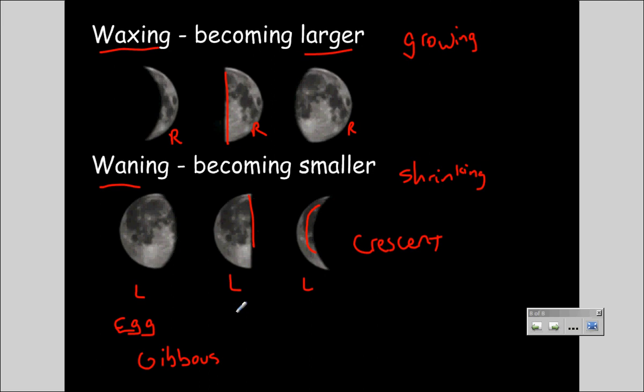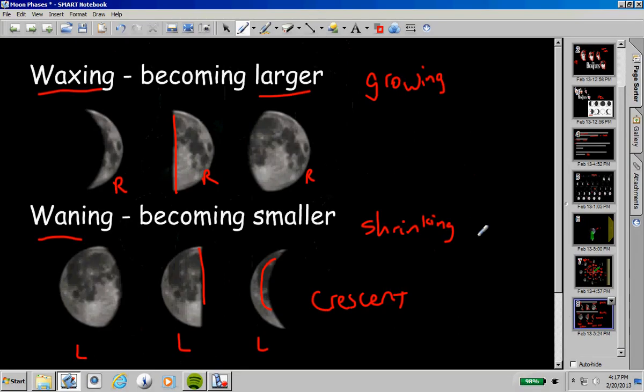And then the half and half, that was called your quarter moon. You can have a first quarter moon or a third quarter moon. The third quarter moon sometimes is called the last quarter. I guess it could be called a waning quarter, just like the first quarter could be called a waxing quarter. And I think that covers it.